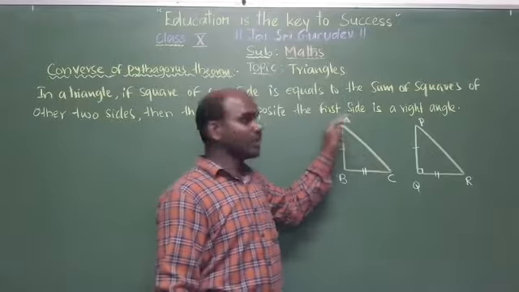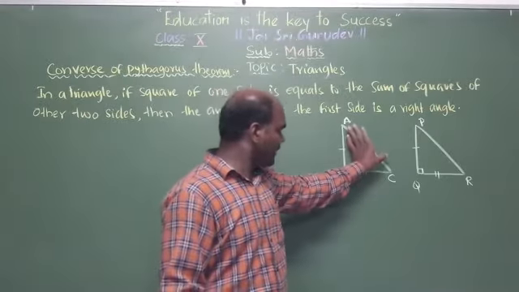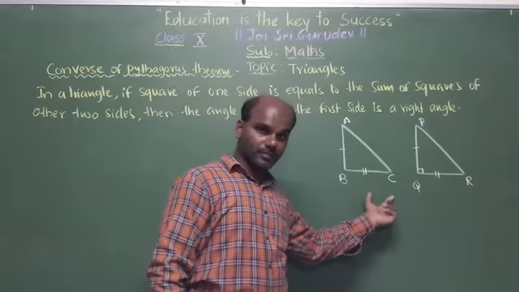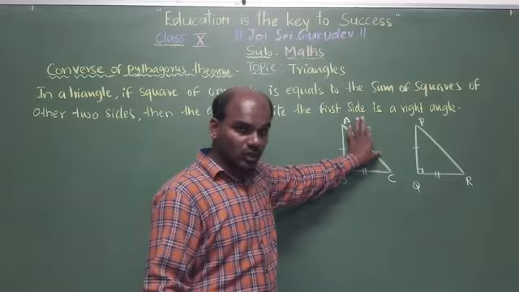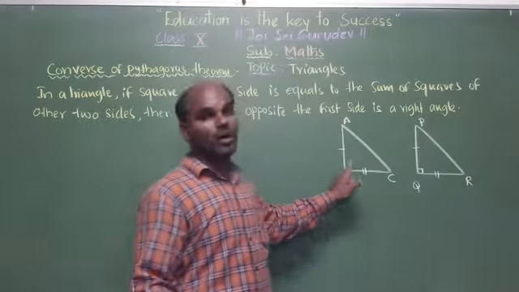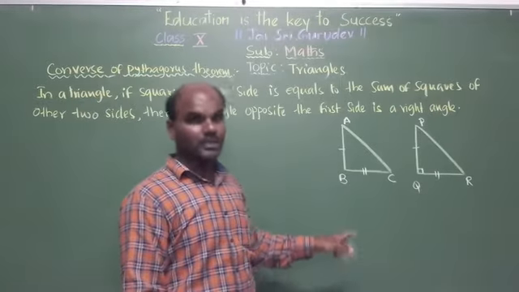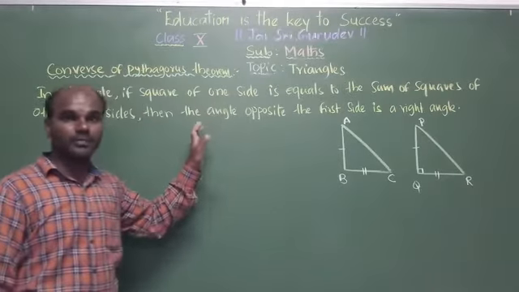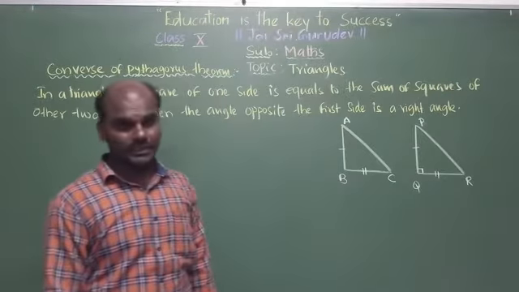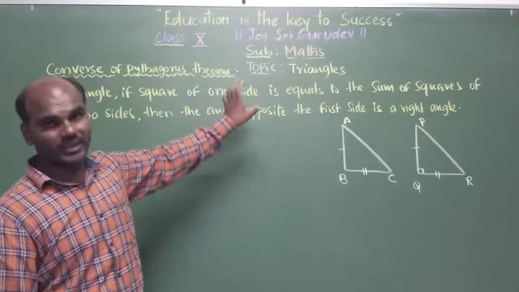For example, in triangle ABC, AC square is equal to AB square plus BC square. The first side is AC, and its opposite angle is angle B. We have to prove it is a right angle triangle. The given statement is this, and what is required to prove is that angle B is 90 degrees. You should understand the statement.